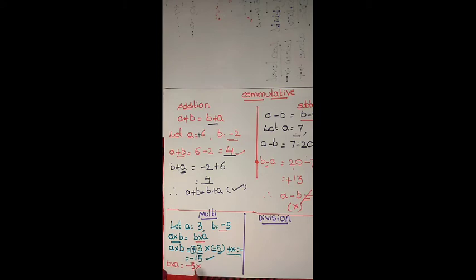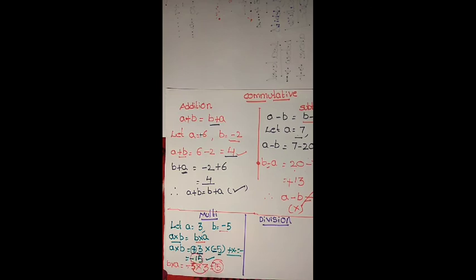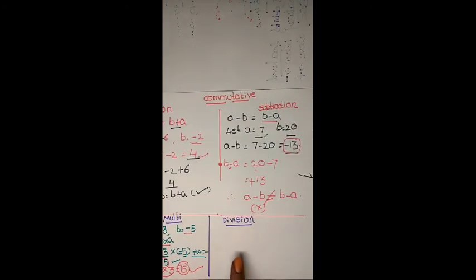Minus 5 into 3 equals, here also first we are multiplying the numbers, that is 5 into 3 gives 15, and minus into plus or plus into minus gives minus. So if you observe, A cross B got minus 15 and B cross A also got minus 15. So both are equal. That means the commutative property of multiplication is satisfied.